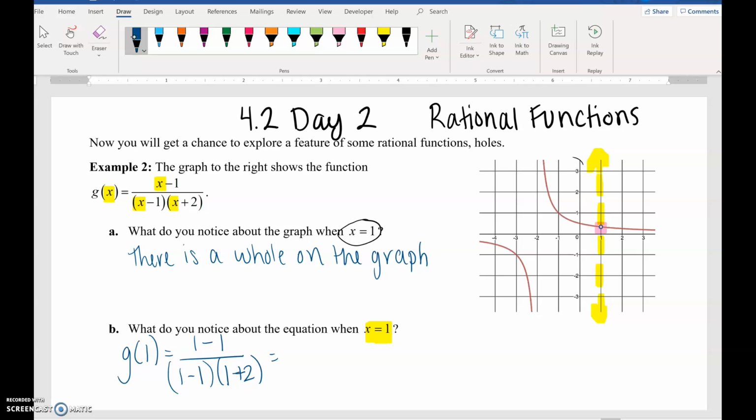So 1 minus 1 is 0. Anytime we have 0 of nothing, then we have nothing, right? We have 0. However, we also have a 0 on the bottom times 3. And we have already learned that we cannot divide by 0. So this is an undefined answer.